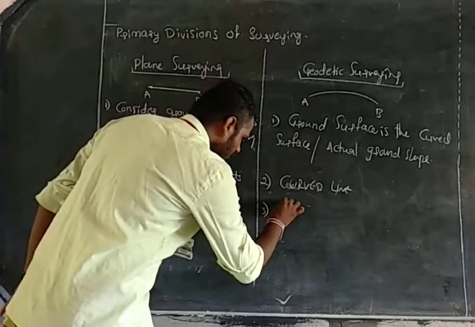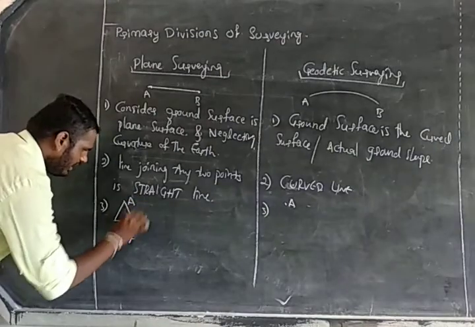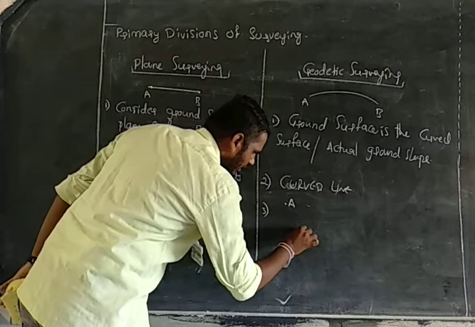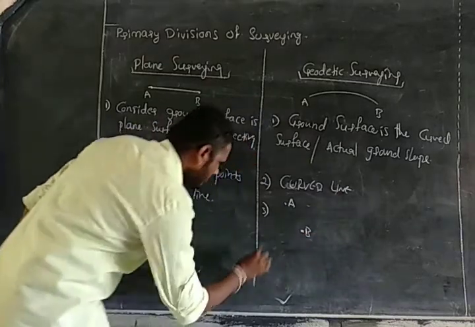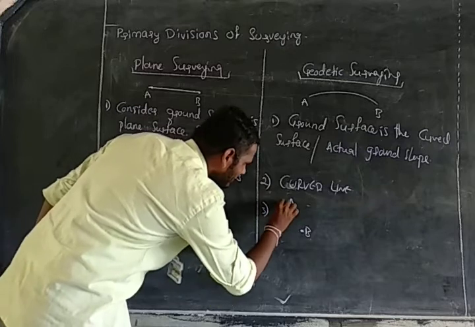Let us name the points A, B, and C. Now the line joining any two consecutive points is a curved line.